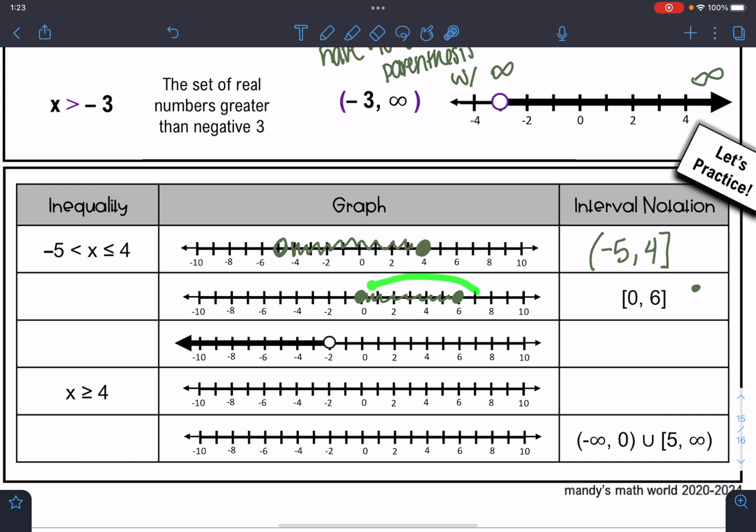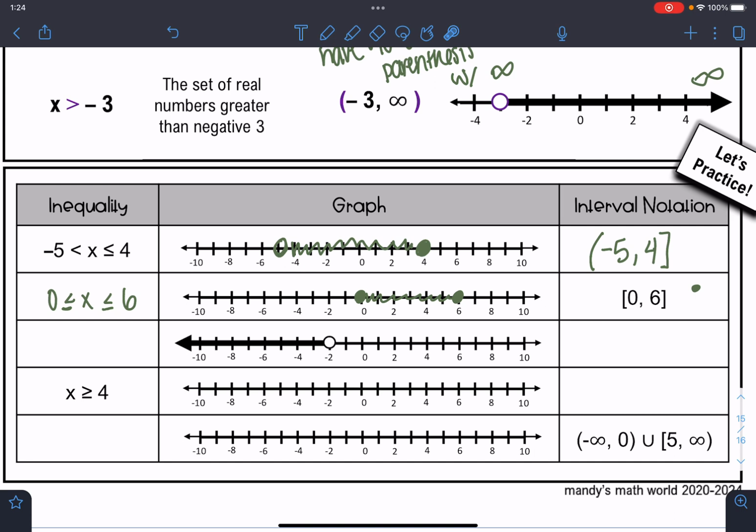And so again, this is that and inequality, right? We have two clear endpoints. It's that and inequality, so we want it to look similar to this. So we're going to say my variable is staying between 0 and 6. And remember, with that and inequality, we're always using the less than symbols there. And because we have that closed circle, we need to include the or equal to part underneath.